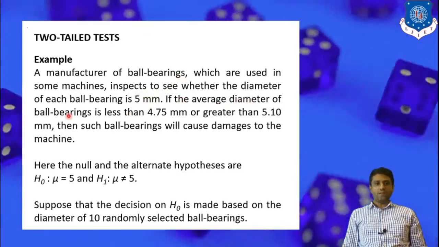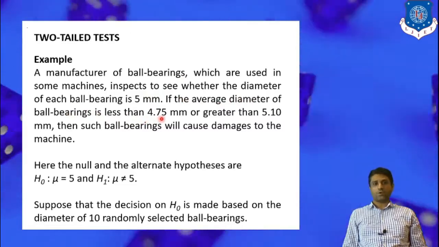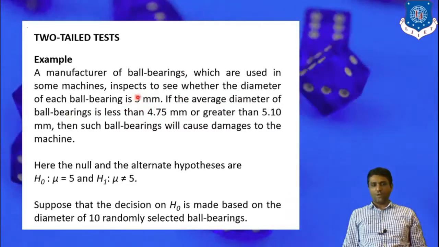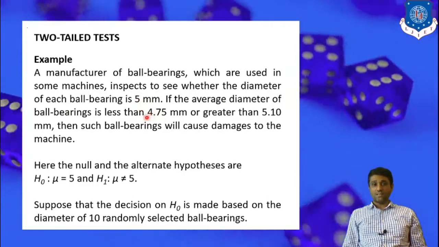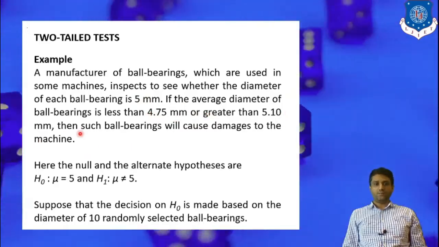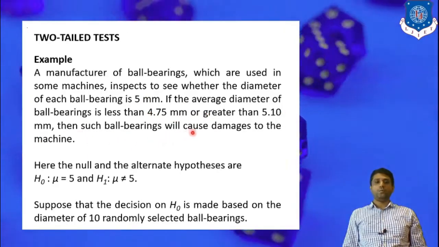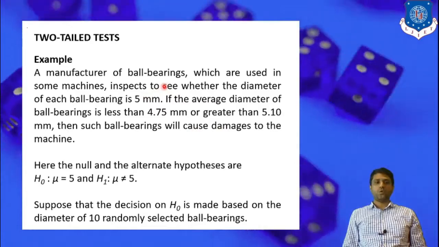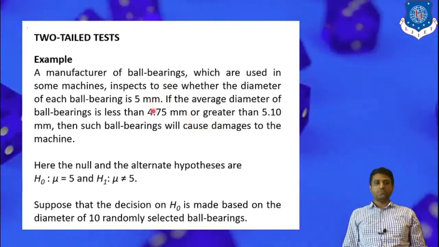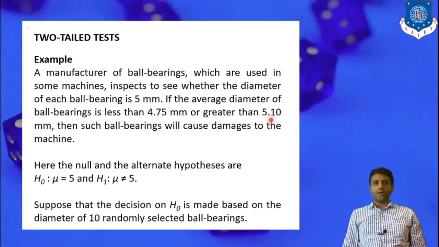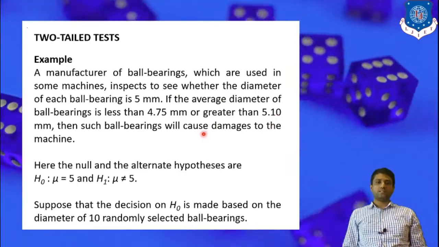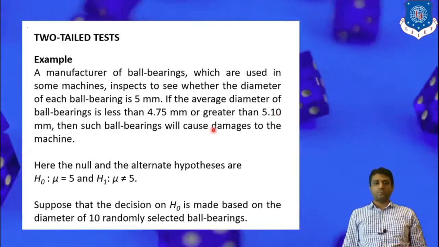If the average diameter of the ball bearing is less than 4.75 mm or greater than 5.10 mm, then such a ball bearing will cause damage to the machine.